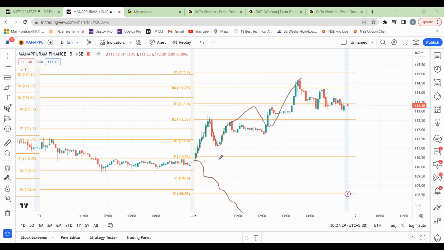So when the stock trades above pivot, the trend of the stock will be bullish. You see, just yesterday, if you take one session before, the same stock traded below pivots and the entire day it is on a sell trend. So whenever stock trades below pivot, stock will be on sell trend, and when stock trades above pivots, stock will be on a buy trend.